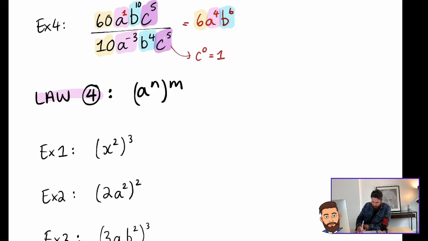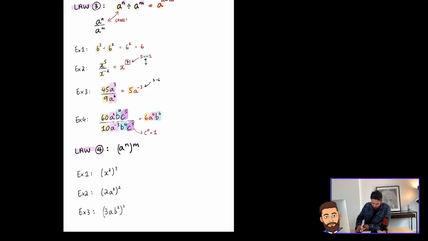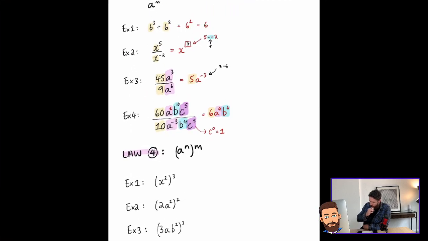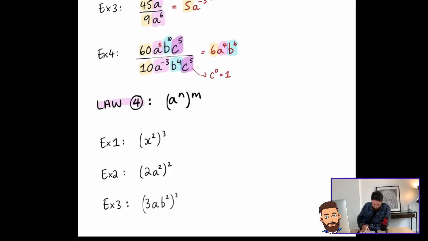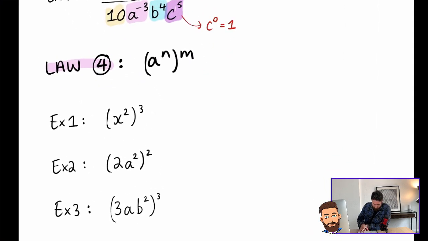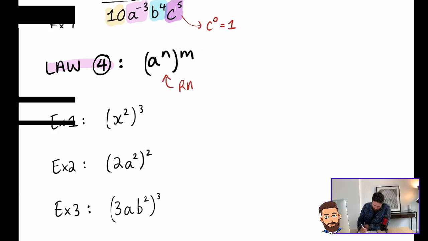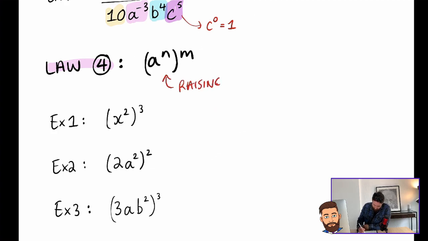So finally, I believe this is the final law before you get to have an opportunity to practice them. It will be what we call raising a power to another power. And this is the one that most students make mistakes on.